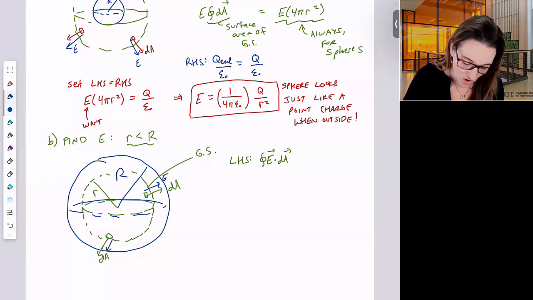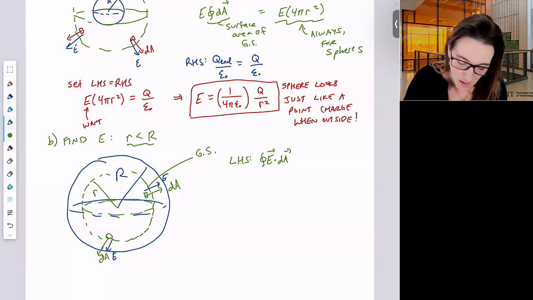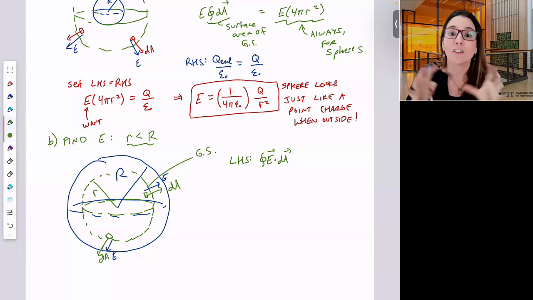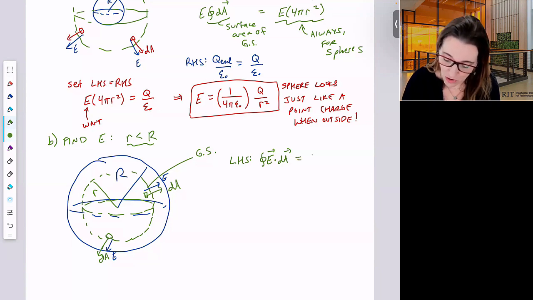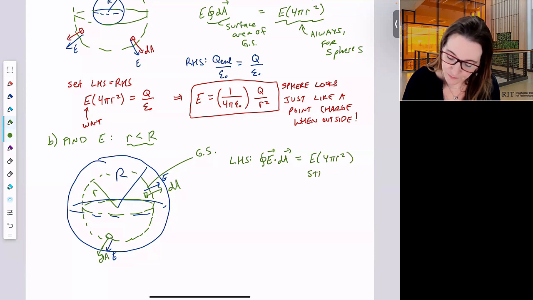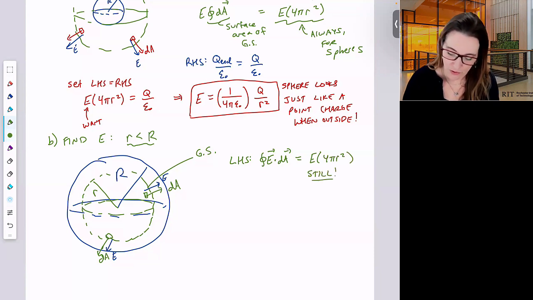E is still always going to be parallel to dA, E is still always going to be constant on my surface, and the total surface area is still 4 pi r squared. So this is still E times 4 pi r squared, and it's still always the Gaussian surface on that left-hand side.